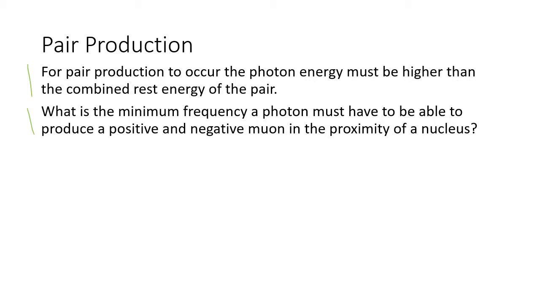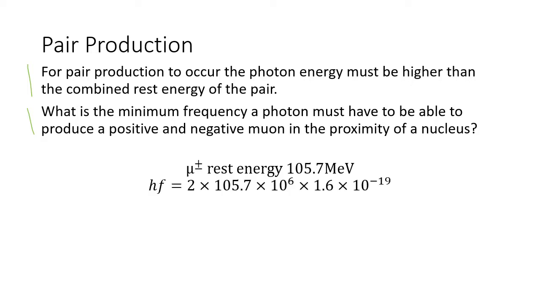But anyway, let's follow through the maths. The rest energy of our positive muon or our negative muon is 105.7 MeV. So our single photon this time, because it's the arriving single photon, is equal to two lots of muon rest energy. It's in MeV, so we add the 10 to the 6, and I remember to call it 1.6 this time, so at least I've got this one right.